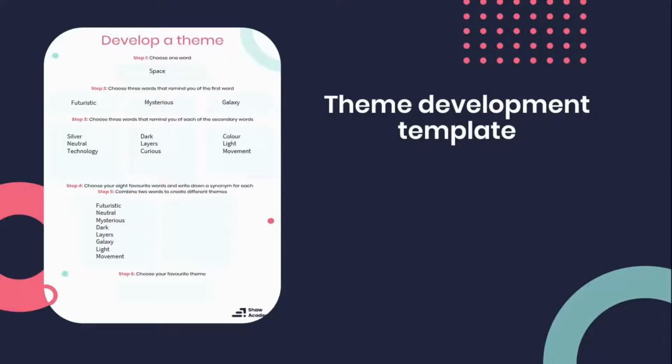You can simply ask Google to help you with this one. Out of all the synonyms, choose the one you like the most. So these are mine: modern, nonchalant, enigma, obscure, depth, Milky Way, ray, and flow.